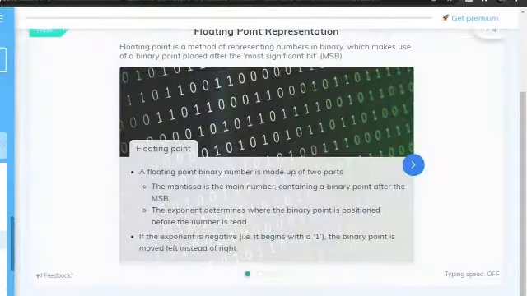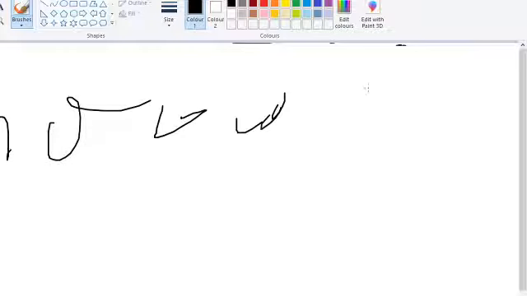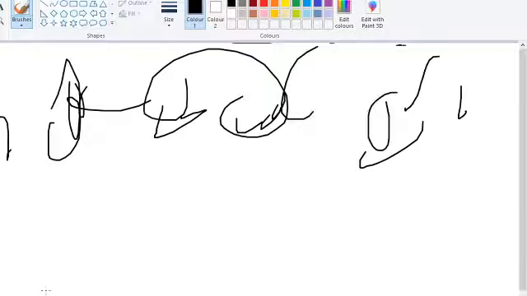Floating point and binary. Oh, you're gonna love this. A floating point binary number is made out of two parts: the mantissa and the exponent. Ready? So I'll explain this one. We obviously use standard form to represent numbers such as this one with a lot of zeros, which could be represented as 10 to the power of 8.